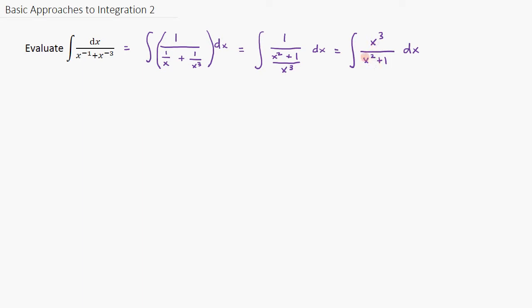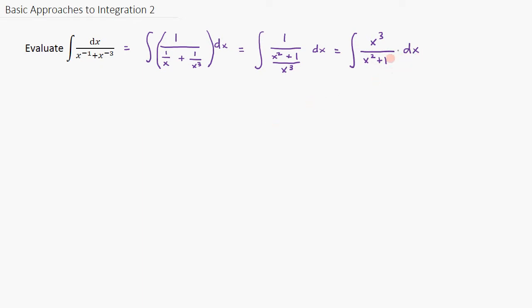Okay, so here it's still not completely obvious how to do the u substitution, but in most examples, when you're confronted with a fraction and you want to try to use a substitution, you want to try to use the denominator as the substitution first.